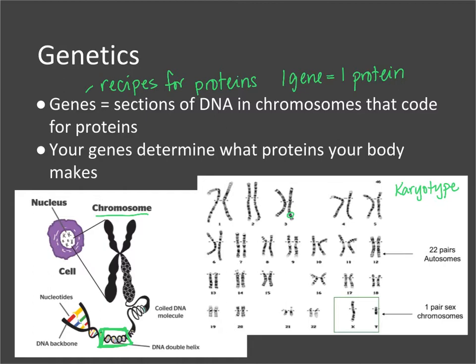Now each one of those bands actually can hold hundreds to thousands of genes. So each band is not its own gene. The genes are even smaller than that. But genes can be made up of a really long strand of DNA in order to provide that information needed so your body can make a protein.